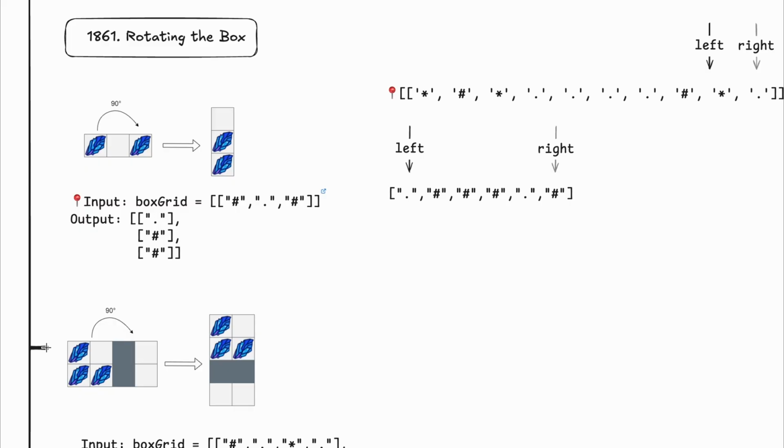Like we have 2 rows and 4 columns, but now we have 2 columns and 4 rows like this. So definitely we have to rotate this matrix. At the same time, the second part, we have to move our rocks until we encounter an obstacle or the bottom side, the end of the matrix.